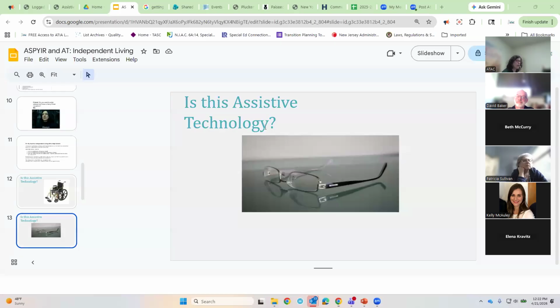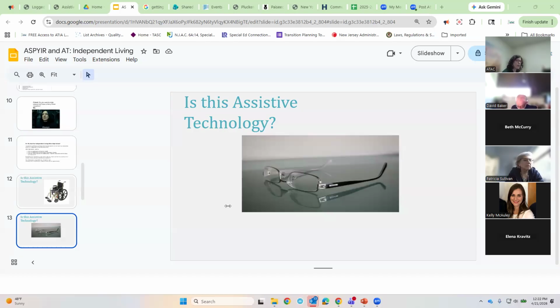Do we consider a pair of glasses assistive technology? Okay, some people said yes, and one person said no, as they are available to everyone.